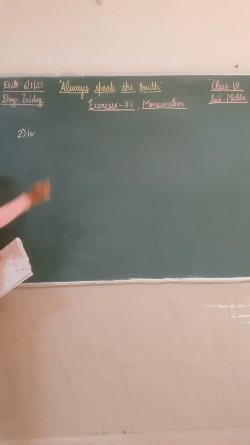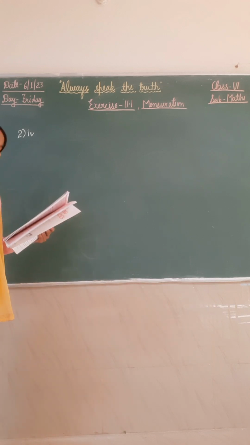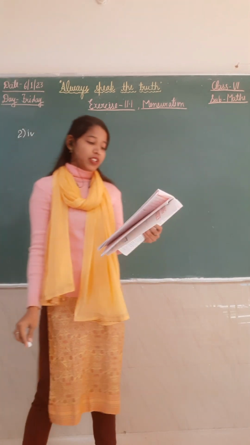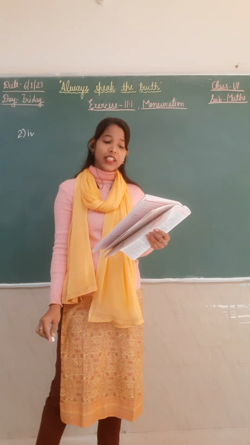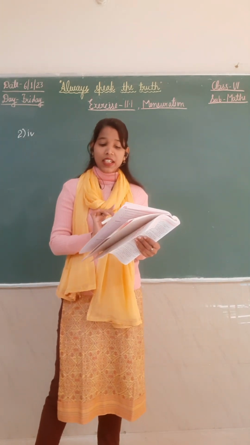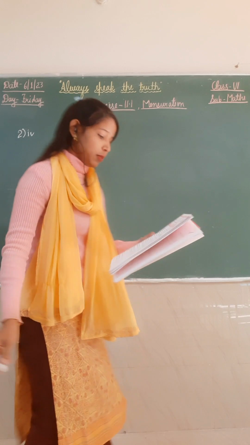Question number 2 part 4 is: find the perimeter of each of the following shapes. An isosceles triangle with equal sides 10 cm each and third side 7 cm.